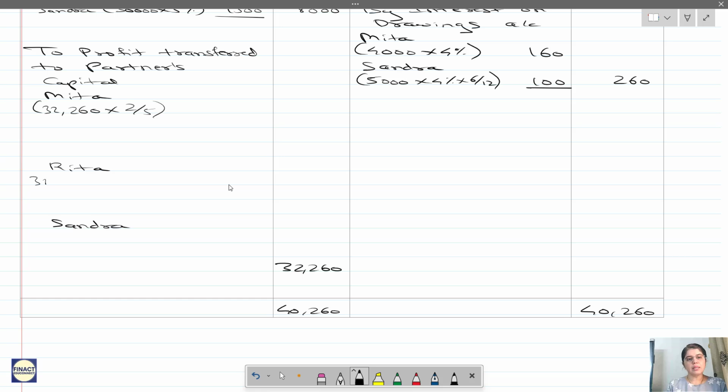Rita will be 32,260 into 2 by 5. And Sandra will be 32,260 into 1 by 5. Calculate it. So how much are you getting for Meeta, Rita, Sandra? This is 6,452. Then Rita and Meeta will be just double of it.